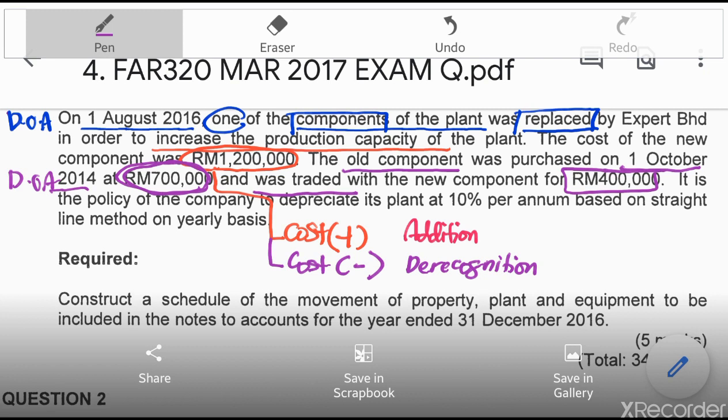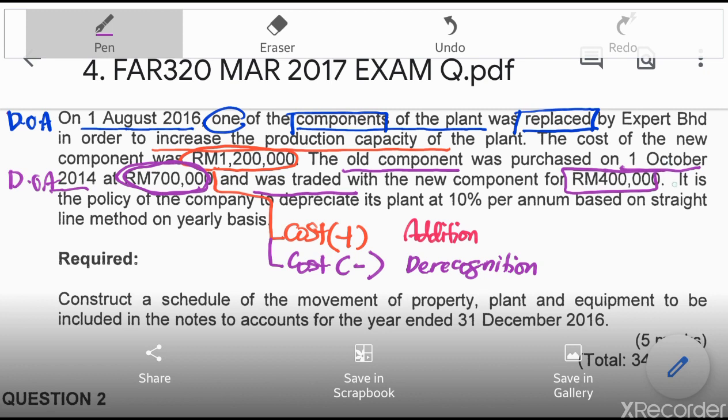So if the carrying amount or the cost is 700,000, you can still get that payment of 400,000 if you go and sell it to the supplier that is supplying the new component.